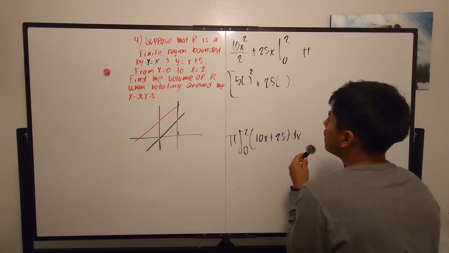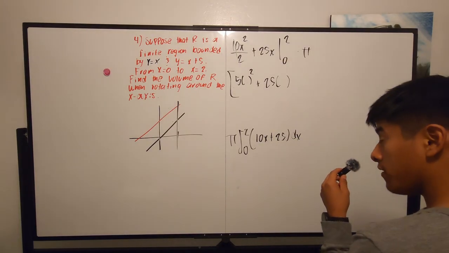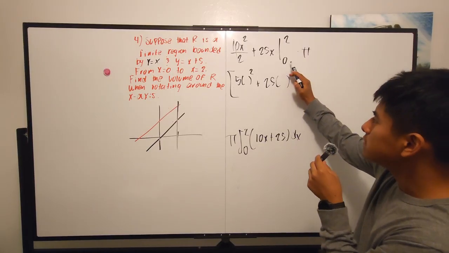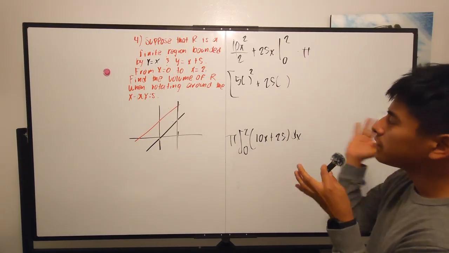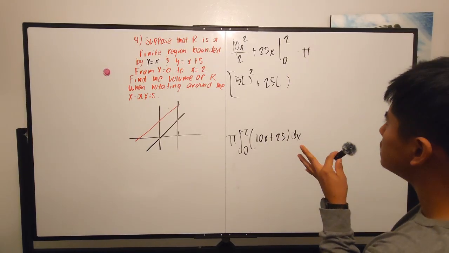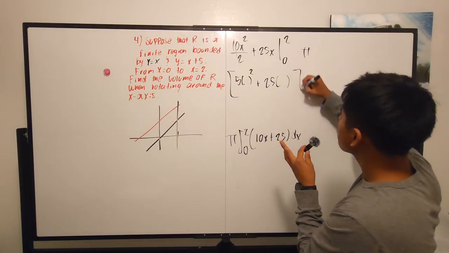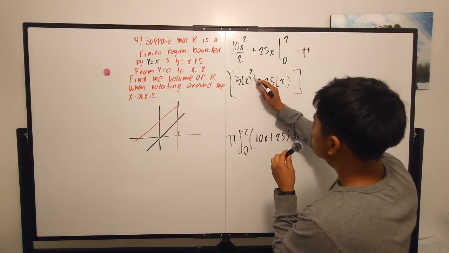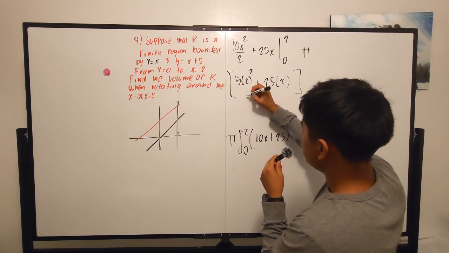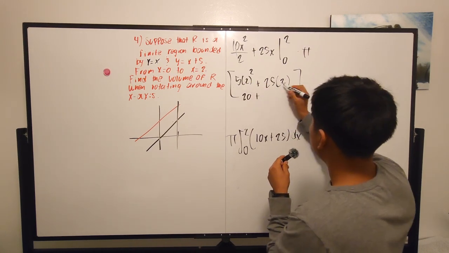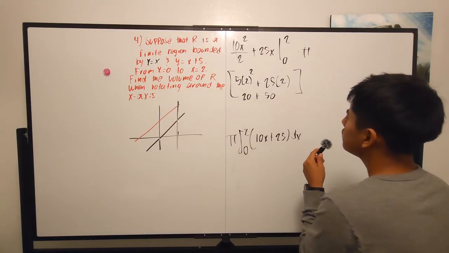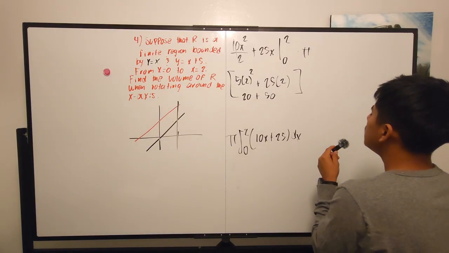25x. And oh, I forgot a step right here, but since we have a 0 on the bottom, if we plug in 0 anywhere here, it's just going to make the whole thing 0. So we could just ignore the 0 and we'll just do the 2. So 2 right there and 2 right there. 2 squared is 4 times 5 is 20 plus 25 times 2 is 50. 20 plus 50 is 70.